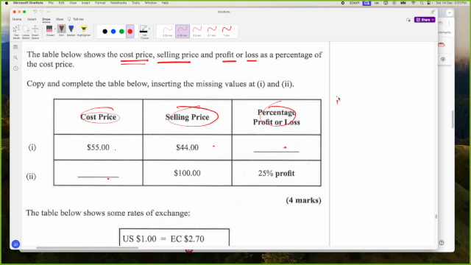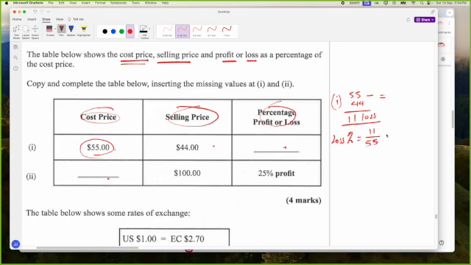So for number 1, the cost price is greater than the selling price. That means 55 minus 44. This person lost $11. That is a loss, so it's $11 lost there. I have to take the loss to find the loss percentage. I take the loss, which is $11, all over the cost price, always the original value.